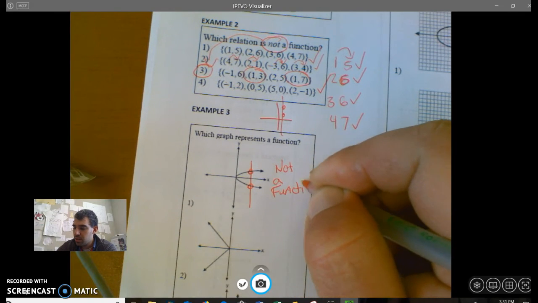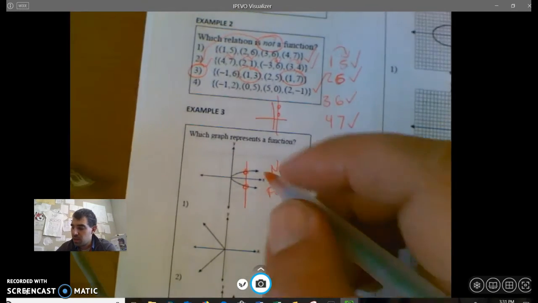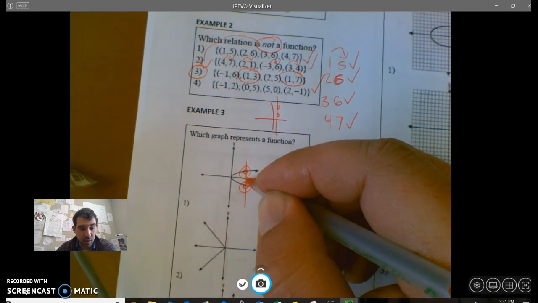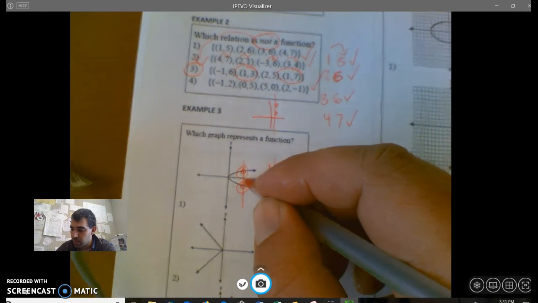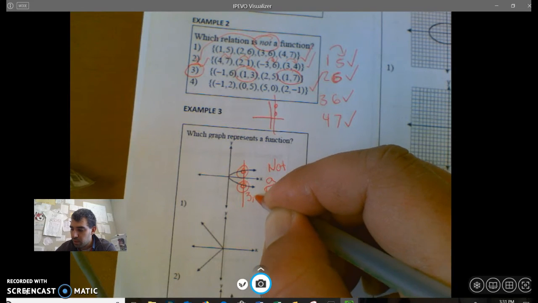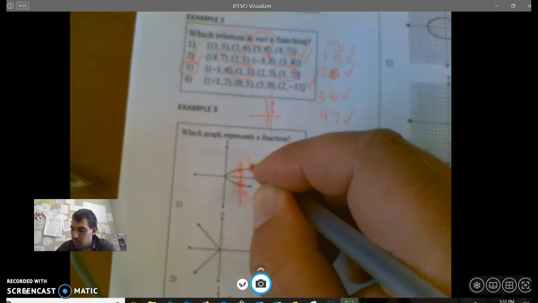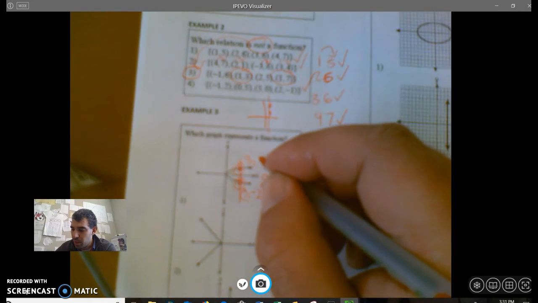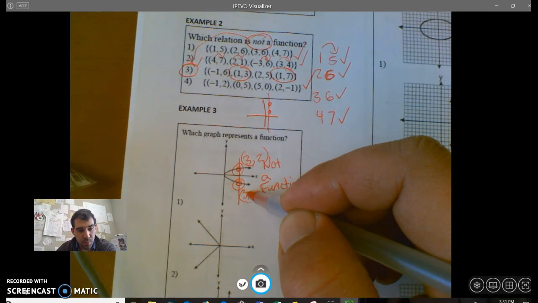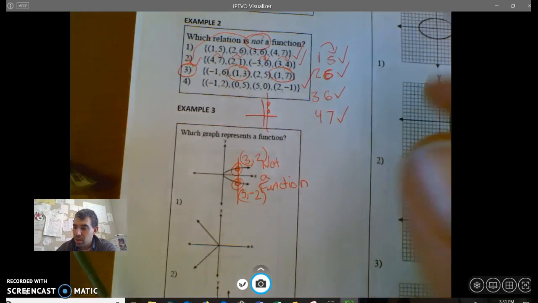Why is it not a function? Well, it's not a function because this coordinate and this coordinate have the same x value. Let's estimate. Let's say that x value of this one is 3 and the y value is -2. This one would also be 3 and the y value is +2. So they have the same x value, the same input, but different outputs.